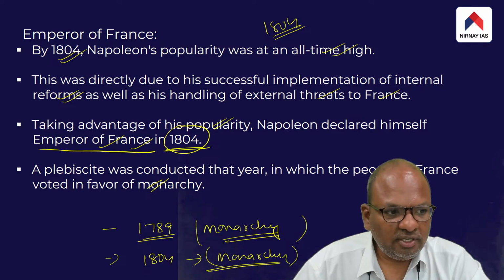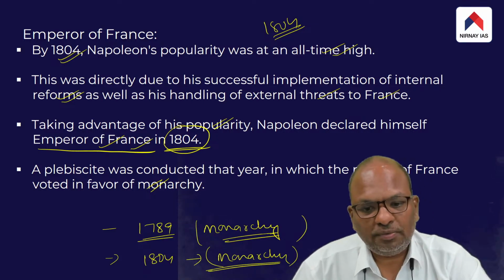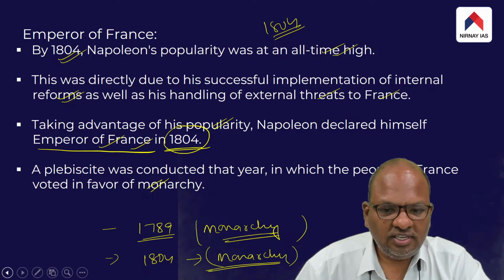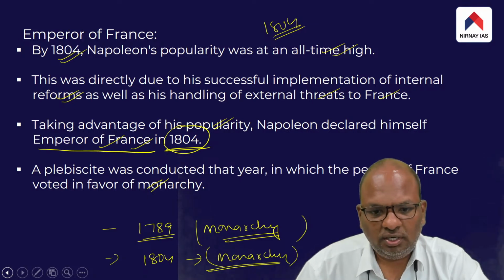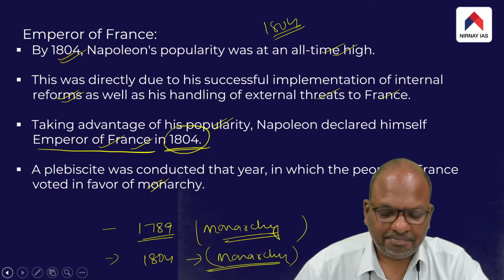How did his rule come to an end in 1815? We'll also be discussing that. So we are just left with one single topic from the French Revolution. In the next class, we will be completing that part.